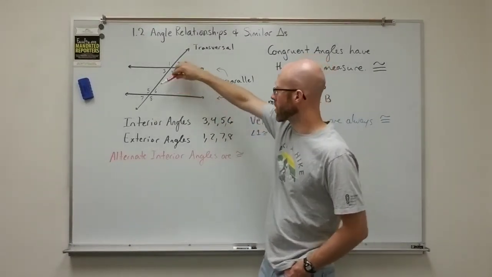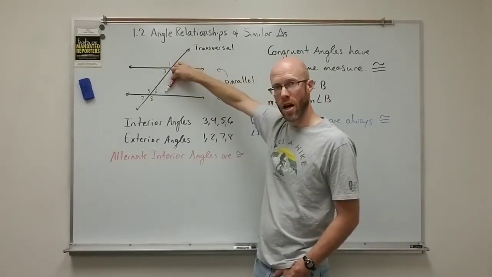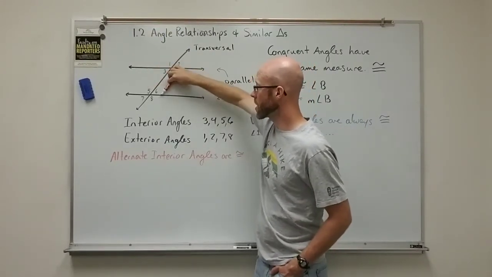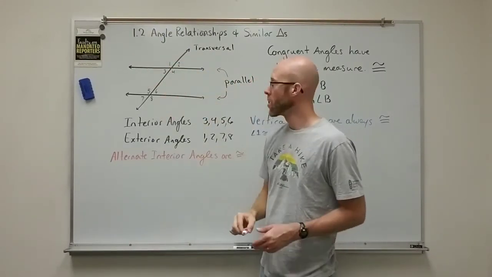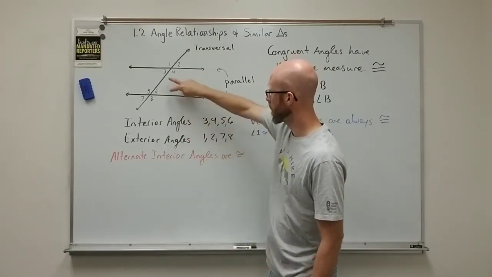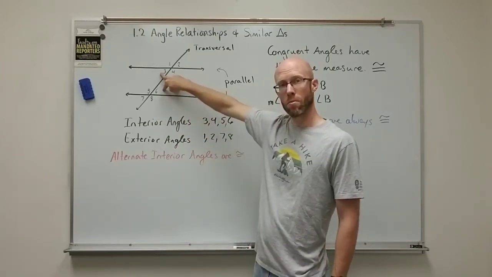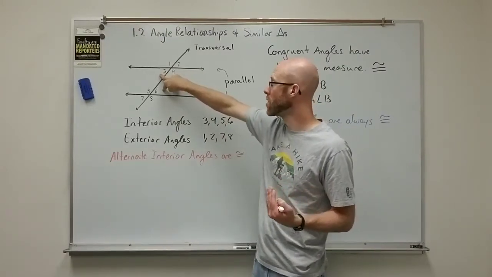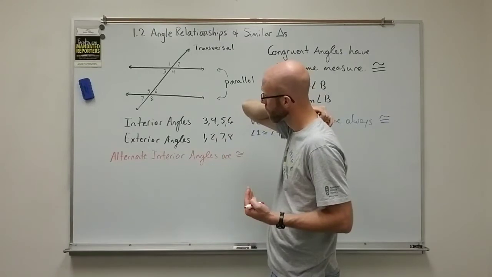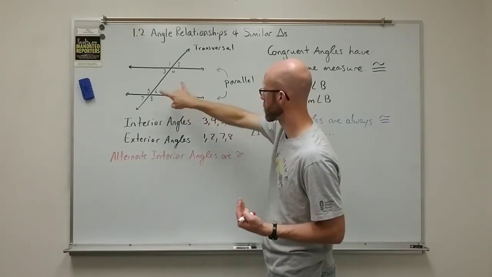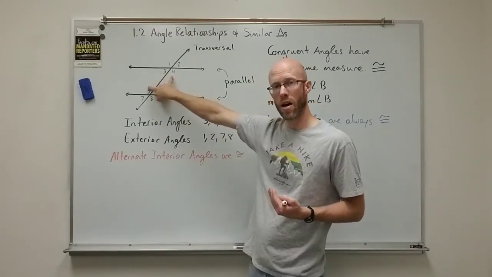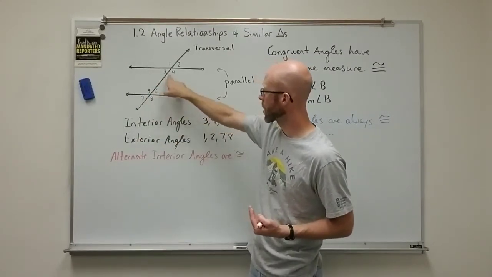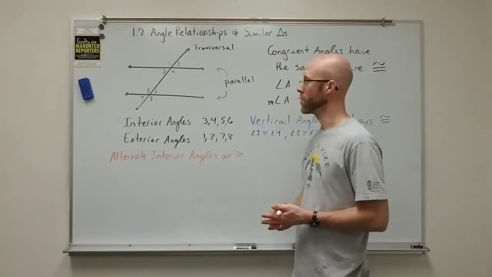The alternate angles are angles on either side of the transversal. And so if you think about alternate interior angles, those would be angles 3 and 6 because they're interior and they're on either side of the transversal. And also angles 4 and 5, okay? So angles 3 and 6 are congruent, angles 4 and 5 are congruent.